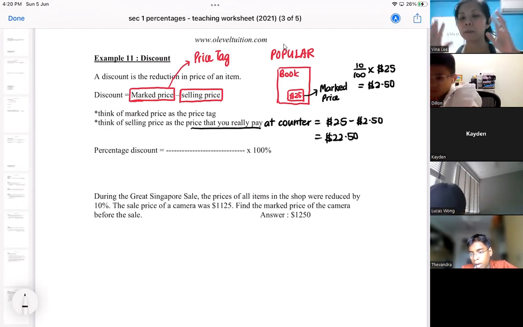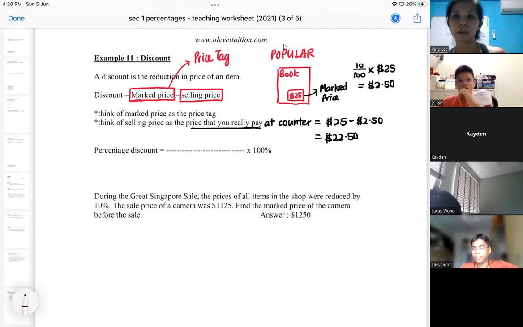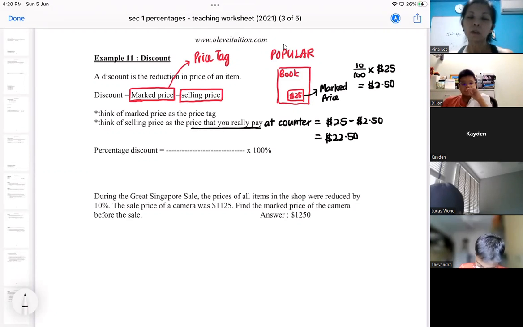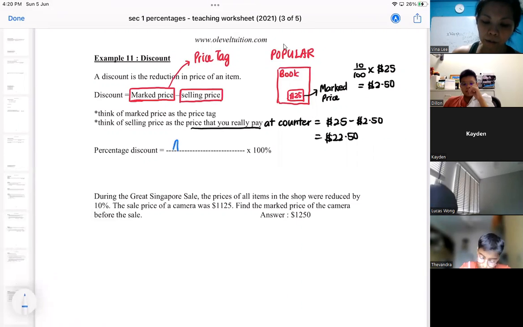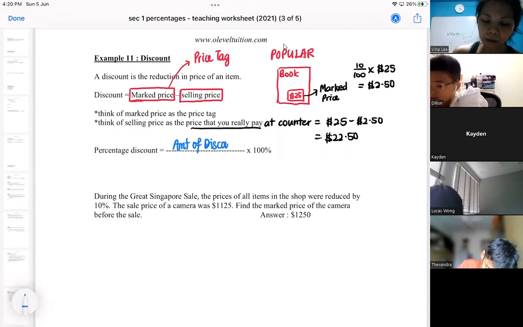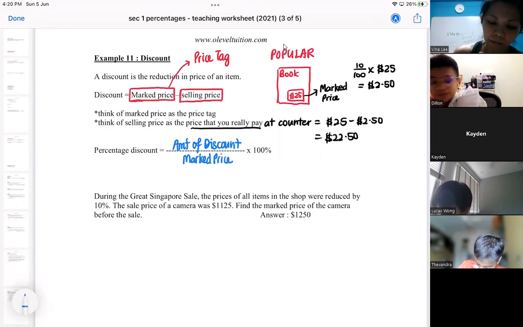That's why there are some people with confusion, some people who don't understand. So there's a percentage discount formula. The formula will be the amount of discount over the mark price. That means over the price tag.